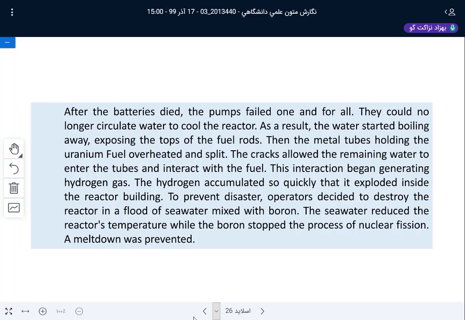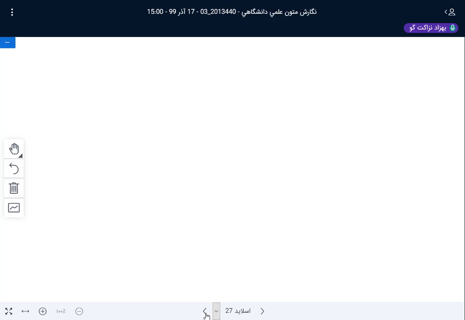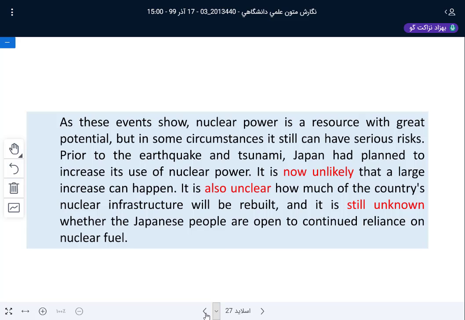A meltdown was prevented. So this way they prevented this disaster, but it was actually a dangerous process. As these events show, you see, this is a very lengthy academic paragraph.